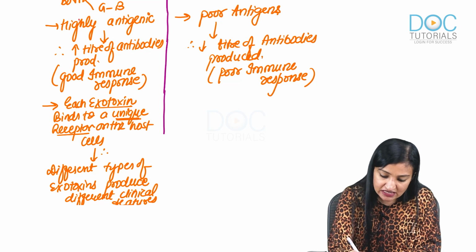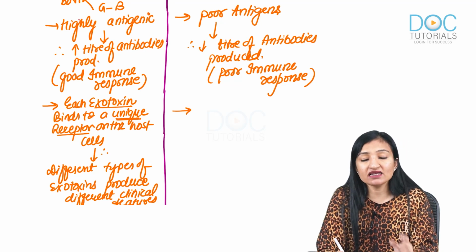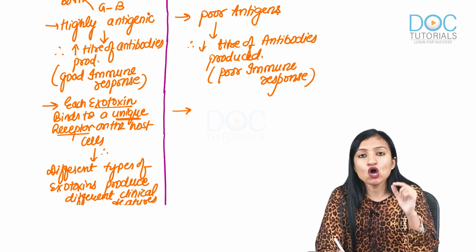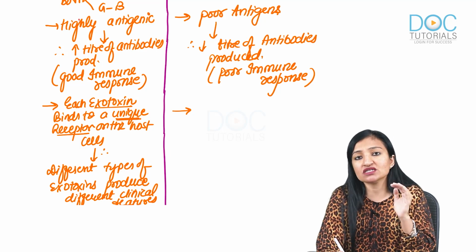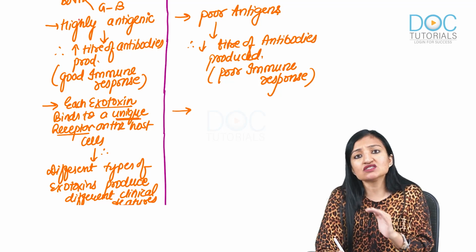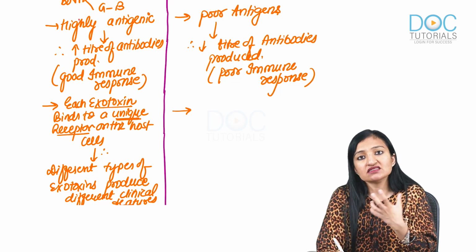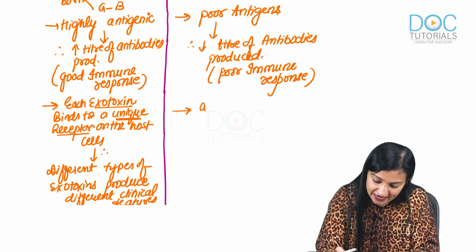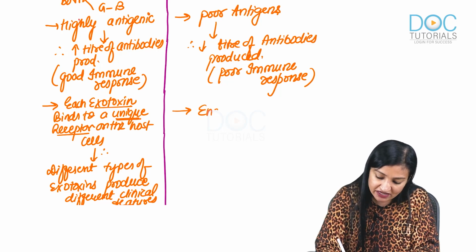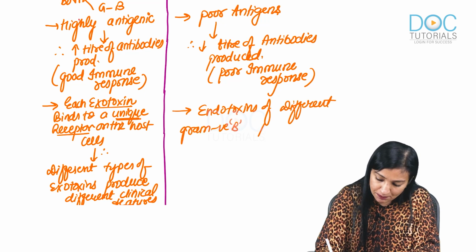whereas in case of endotoxin, we already have seen that the toxic part is lipid A. Remember, lipid A is the A1 villain or the toxic part of endotoxin, which is the same in structure in different gram-negative organisms. So the endotoxins of all the gram-negative organisms are going to produce the same constellation of signs and symptoms in a patient. Endotoxins of different gram-negative bacteria produce the same clinical features.